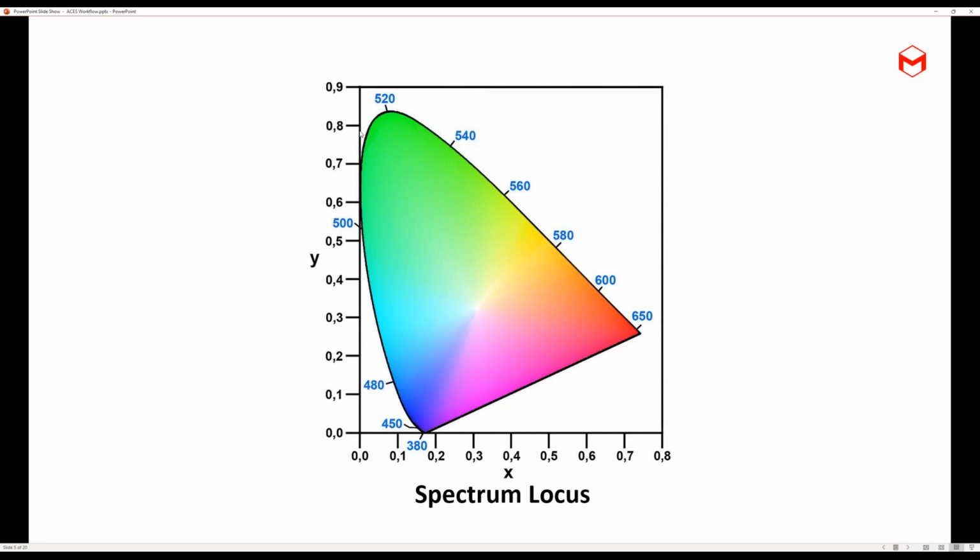And the colors are mapped on the X and Y axes. The visible colors, or what we call the spectrum locus, are the ones mapped within this horseshoe-shaped diagram here.